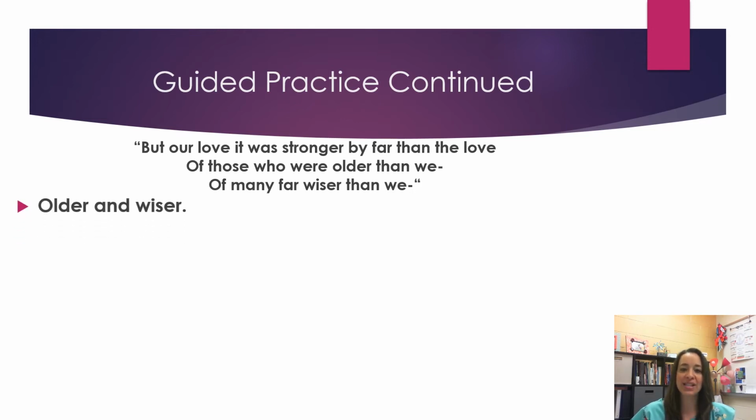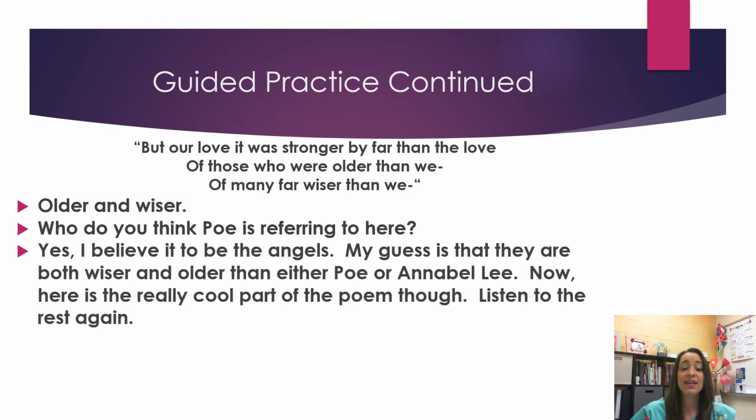Older and wiser. Who do you think Poe is referring to here? Yes, I believe it to be the angels. My guess is that they are both wiser and older than either Poe or Annabel Lee.